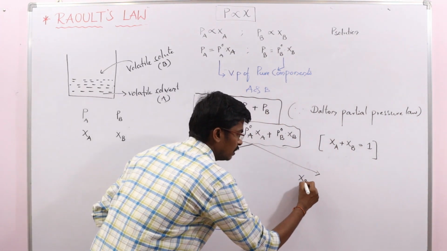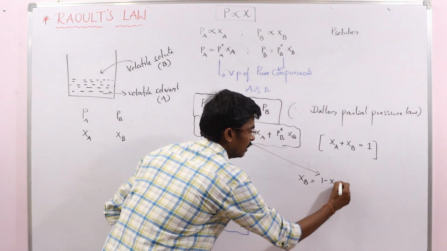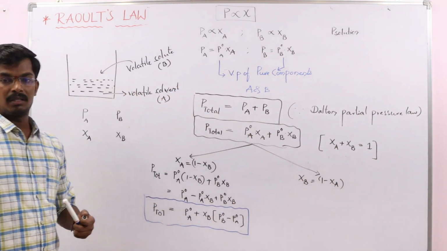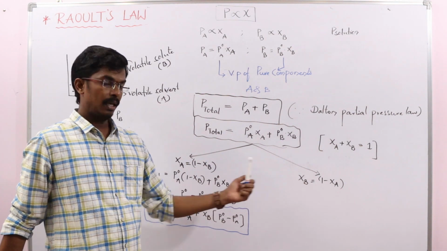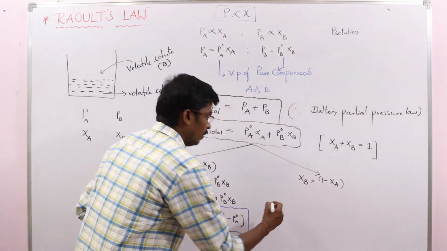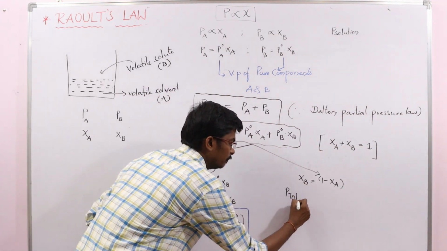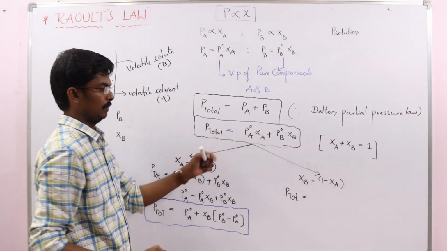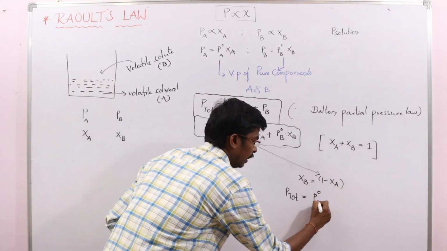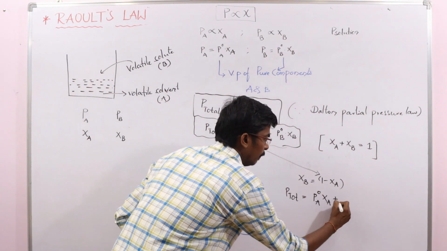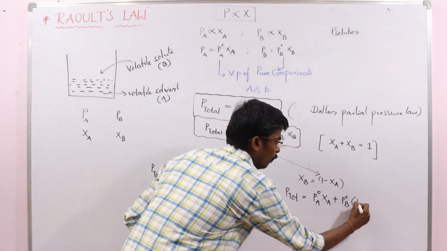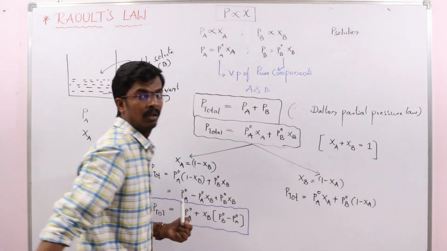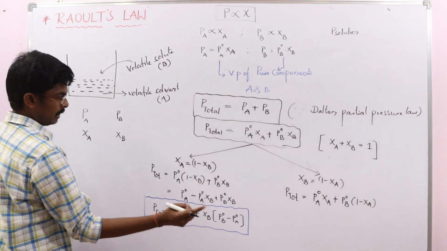In a similar way, if XB is equal to 1 minus XA and I substitute it, what do you get? P total is equal to P naught A XA plus P naught B times 1 minus XA.